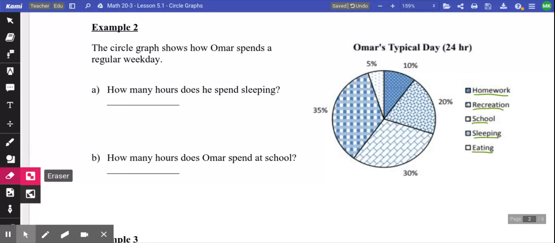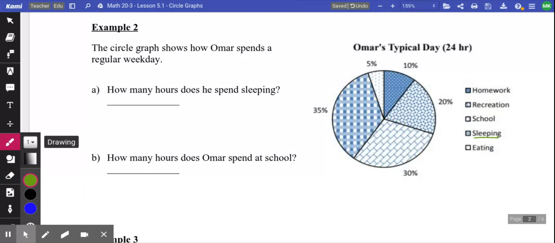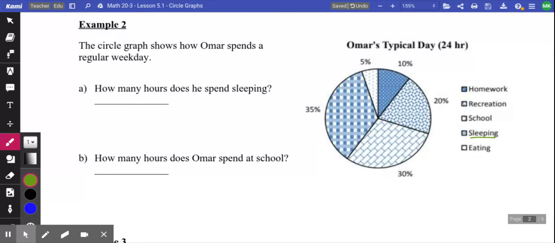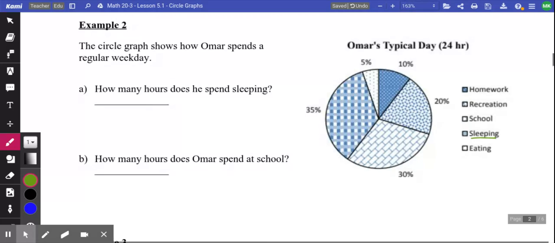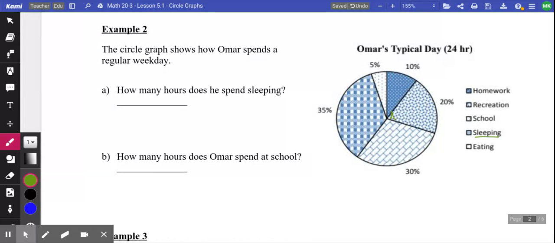So if we look at his categories, sleeping is the one that is all checkered like this. Well, it's kind of hard to tell, isn't it? I think that's the sleeping pattern. It didn't print off very well.